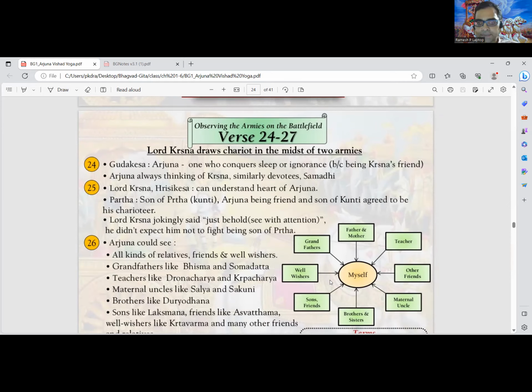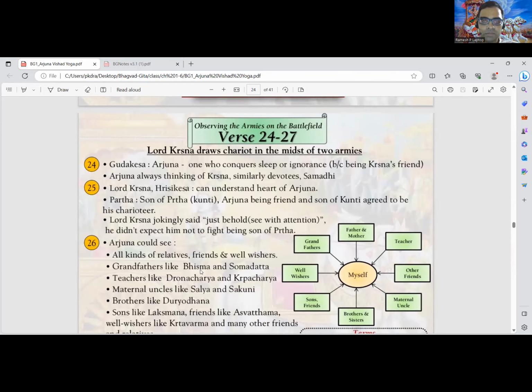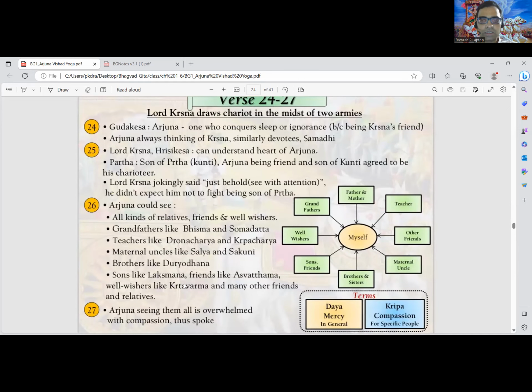The examples given are grandfathers like Bhishma and Somadatta, teachers like Dronacharya and Kripacharya, maternal uncles, brothers, sons like Lakshmana, friends like Ashwathama, and all the others. They were all there.